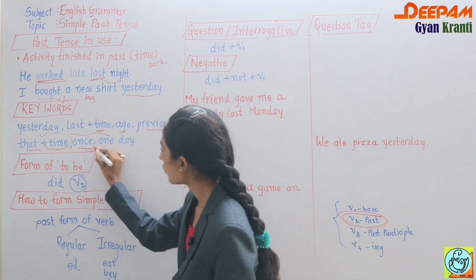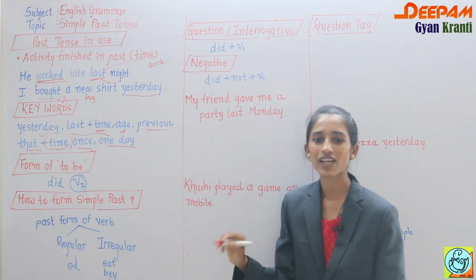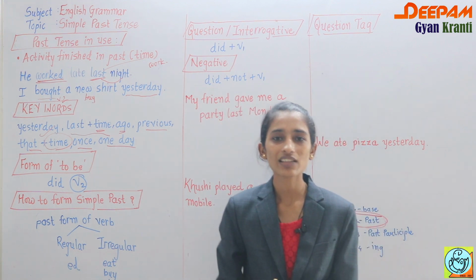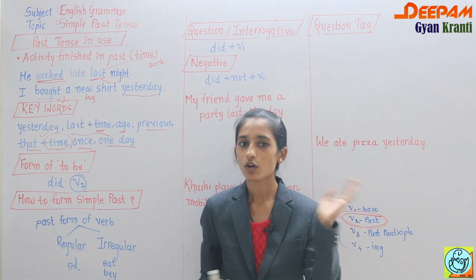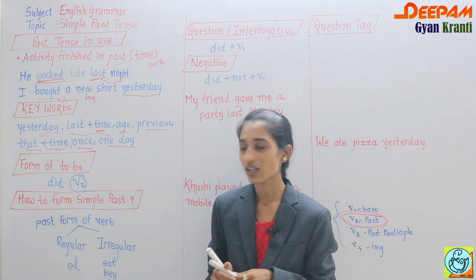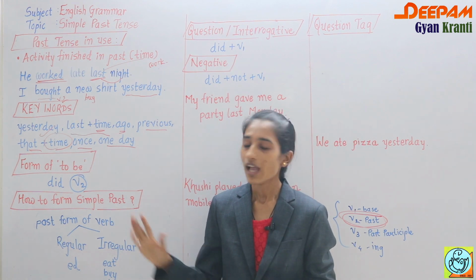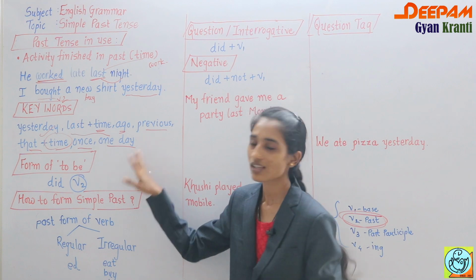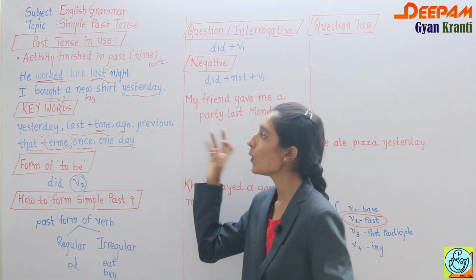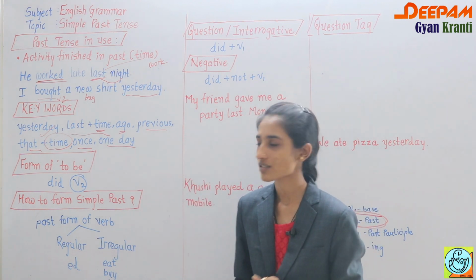Then once and one day. You know very well that stories generally start with once upon a time there lived a king. So with the help of these keywords we can easily know that the sentence belongs to simple past tense.